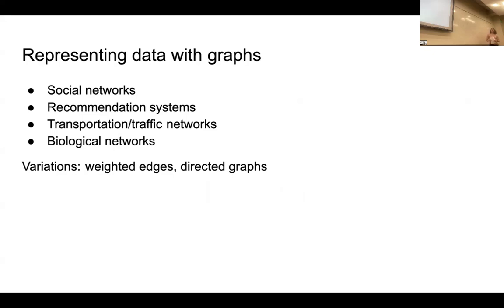We can also have directed graphs. In the undirected representation, if we have two vertices A and B, A is connected to B and B is connected to A. But in a directed graph, we can say there's only an edge from B to A in that direction.